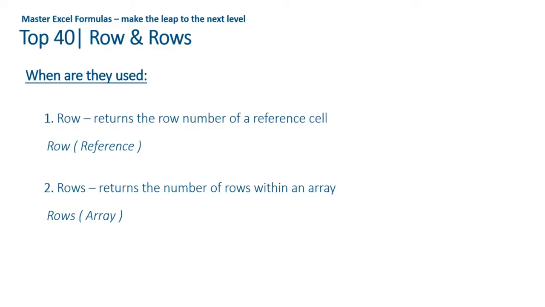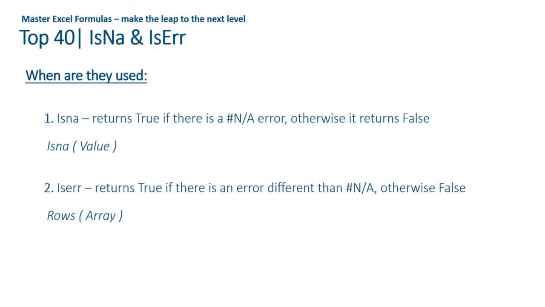Okay, so going back to the presentation now, I want to show you a few formulas that identify, let's say, errors, and based on what error is actually identified, it returns true or false. Okay, ISNA is a formula that returns true if there is an NA error in Excel. Okay, otherwise it returns false, and all we need to do is just select a cell or a value.